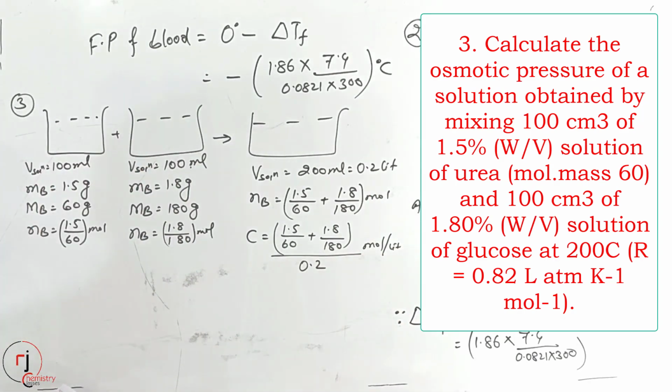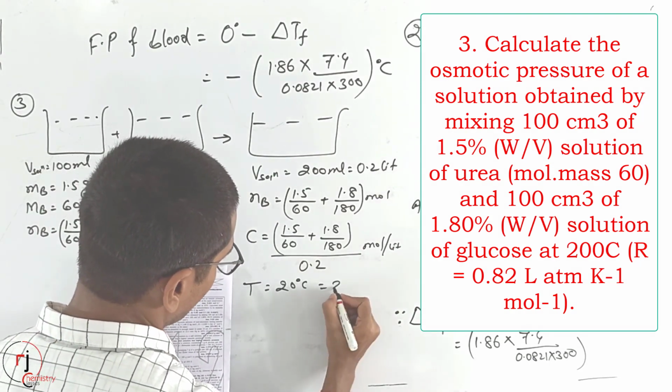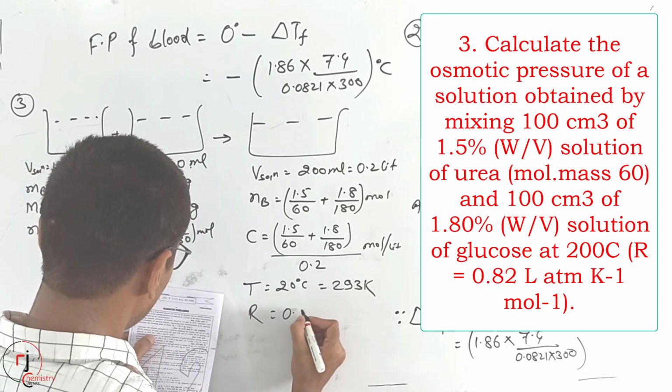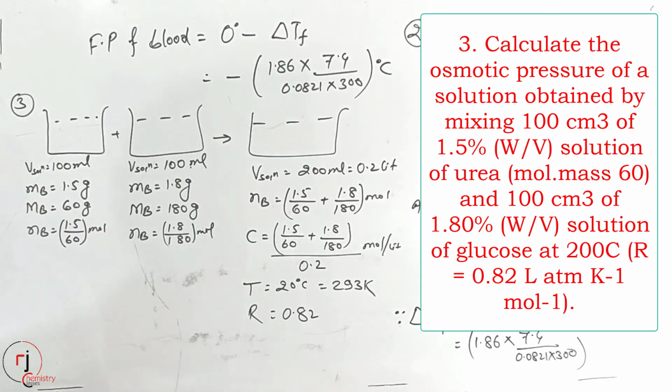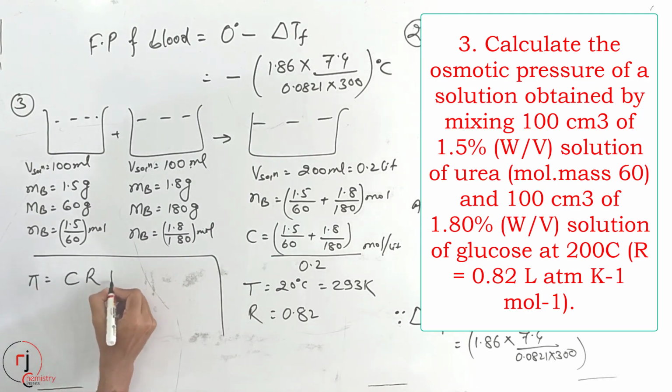And in the question it is also given that the temperature is 20 degrees Celsius, means 293 Kelvin, and R should be taken as 0.082 liter atm per mole per Kelvin. So from here we can calculate the osmotic pressure of this solution as pi is equal to CRT.